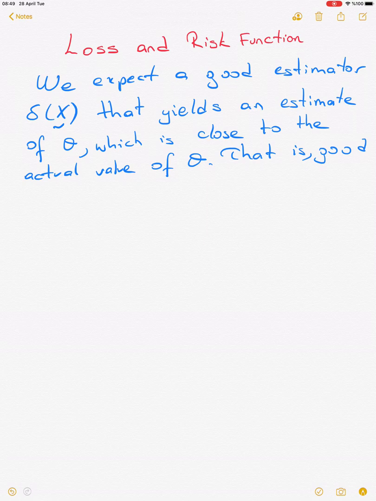So when we have a good estimator, the difference between the estimator and the parameter will be small, maybe just 0 to get the best one, but we never know.